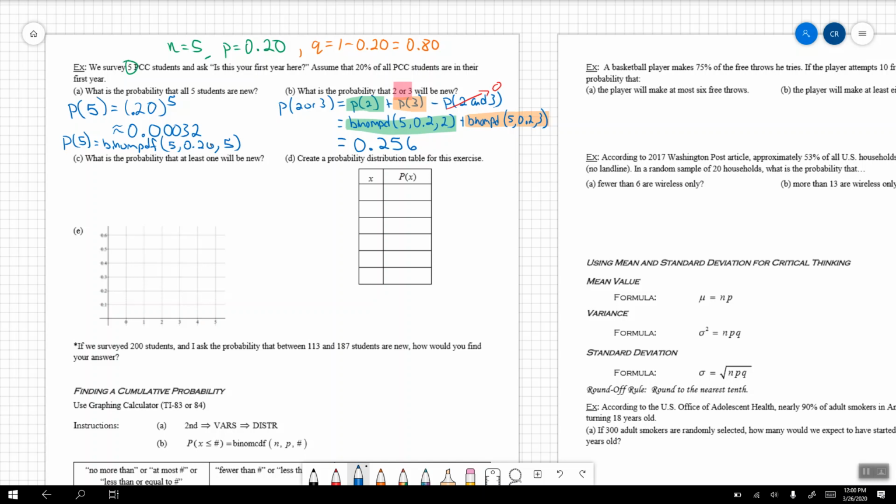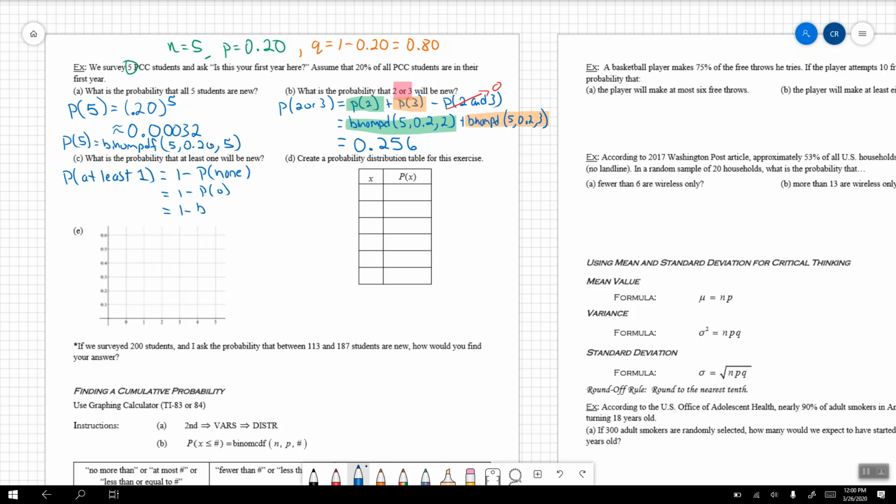Great. Let's look at part C. Part C then says, what is the probability that at least one student will be new? So at least one. Now remember back to the rule of complements. What's the probability of at least one? Well, that was 1 minus the probability of none. In this case, probability of none is probability of 0.